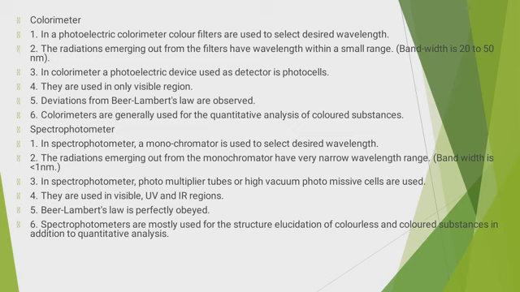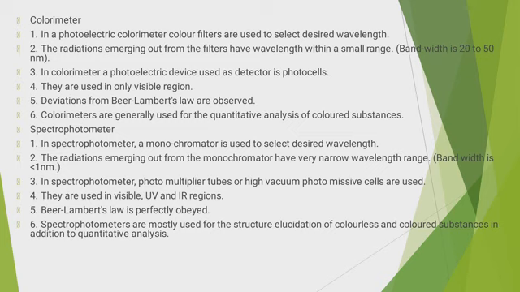In the spectrophotometer, we use monochromators such as prism and grating. In the colorimeter, radiation emerging out from the filters has a wavelength in a small range, that is bandwidth of 20 to 50 nanometer.